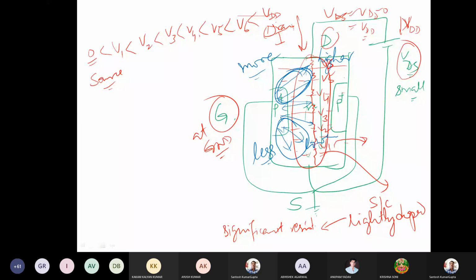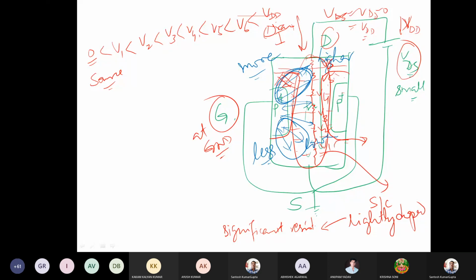We expect more reverse biasing on the drain side as compared to the source side, something like this. So we see more depletion region on the drain side as compared to the source side.